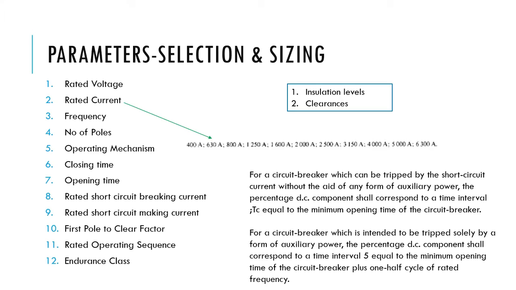It means if a fault occurs on the R phase, all three phases R, Y, B will trip. The breakers of these three phases will open in a gang operation.